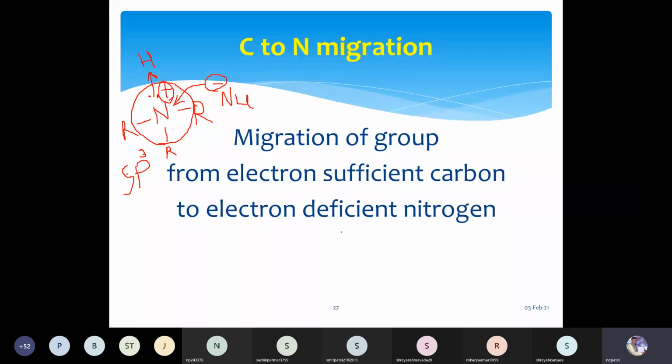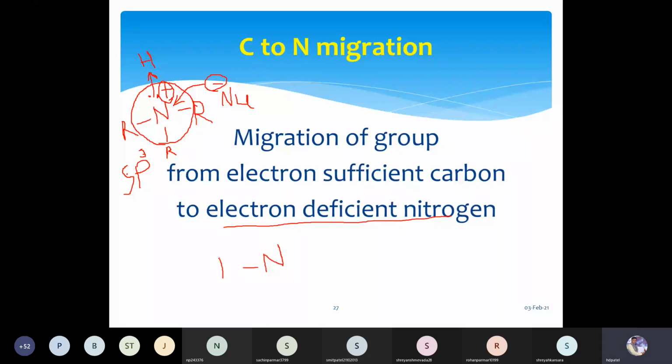Now I am going to talk about electron deficient nitrogen. We have already discussed the characteristic of nitrogen, and in that, nitrogen has only one bond.